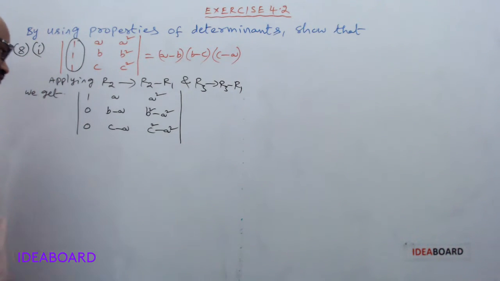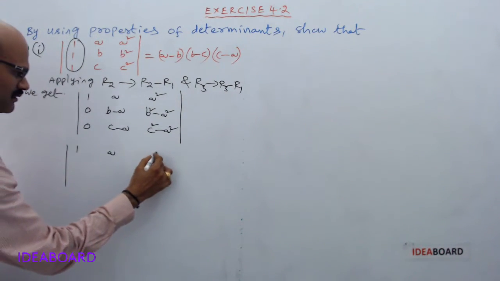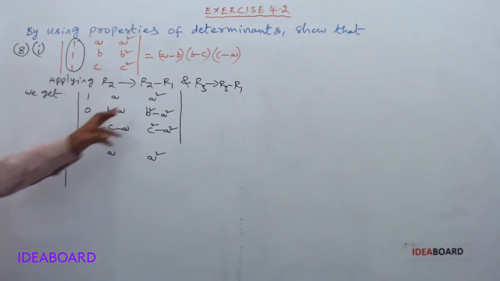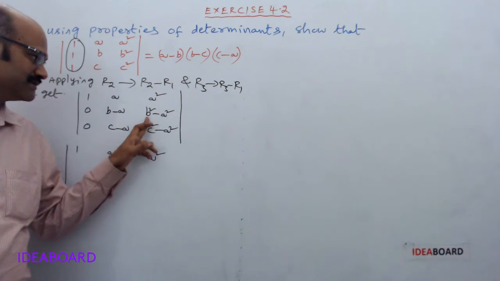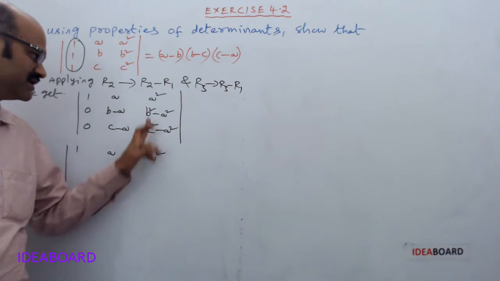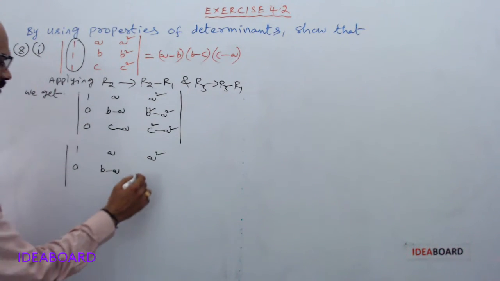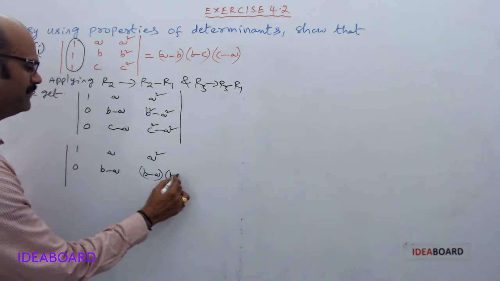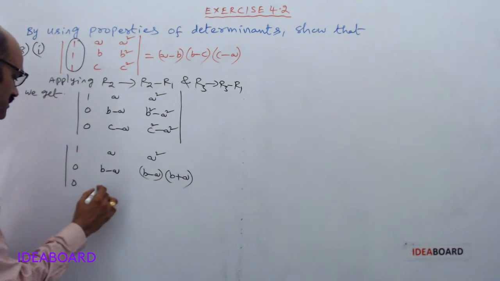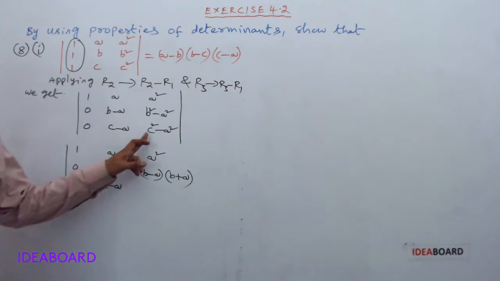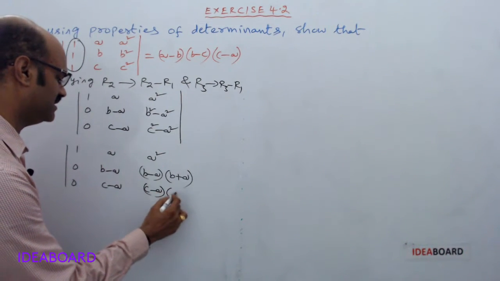Now it's equal to 1, a, a square. From R2, b square minus a square equals (b minus a)(b plus a). So 0, b minus a, (b minus a)(b plus a); 0, c minus a, and c square minus a square can be written as (c minus a)(c plus a).